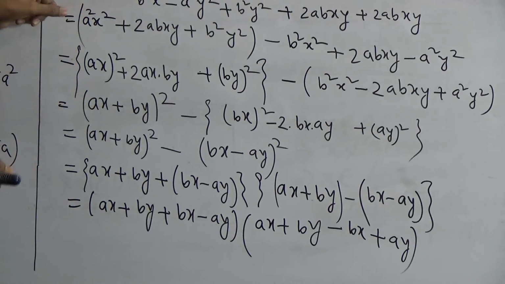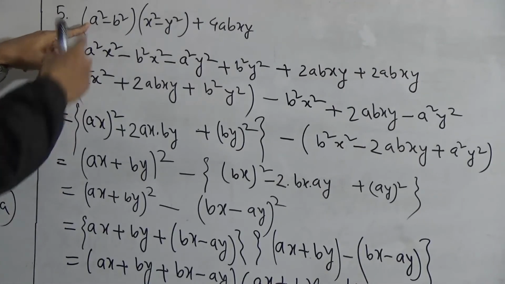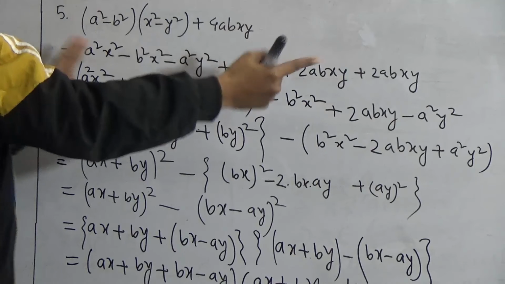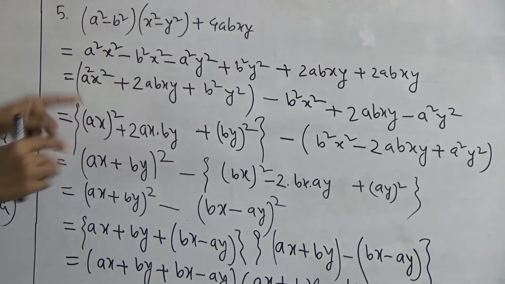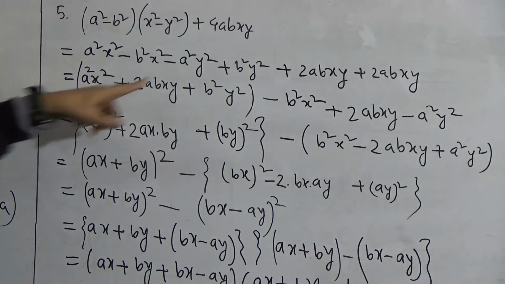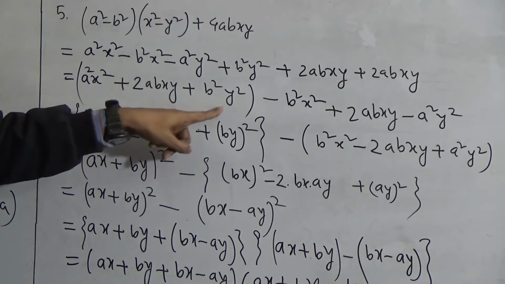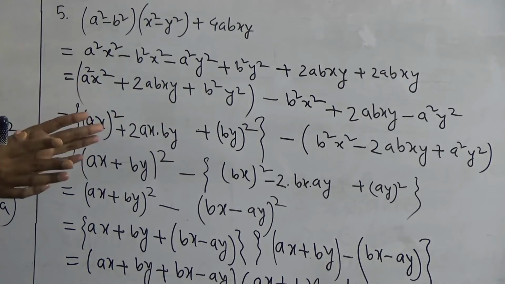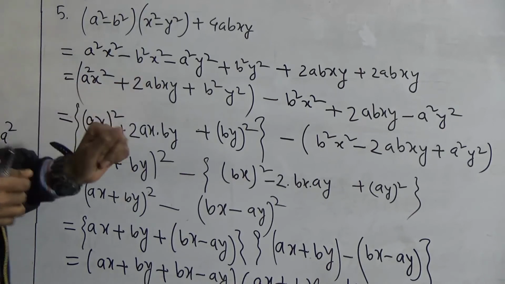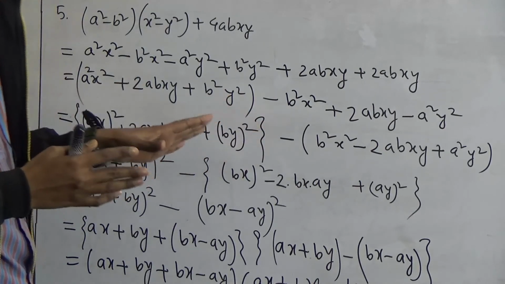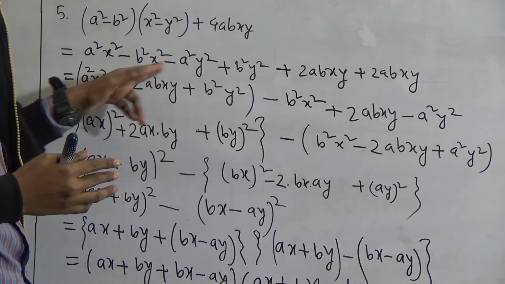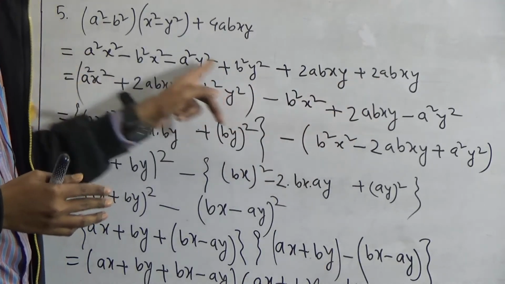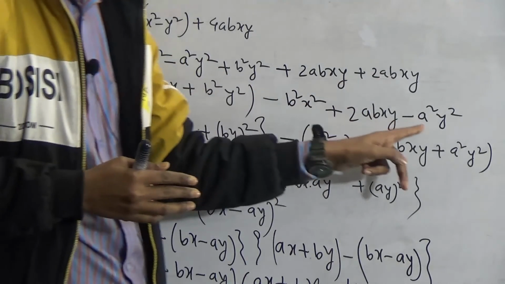Okay, look, at first we have to multiply, then you get this. For every xy we can write 2ab xy plus 2ab xy. Now a square x square, 2ab xy plus b square y square, that means we have to arrange for making a formula. Okay, you see, then we have to arrange the minus b square x square minus b square x square plus 2ab xy plus 2ab xy minus a square y square minus a square y square.